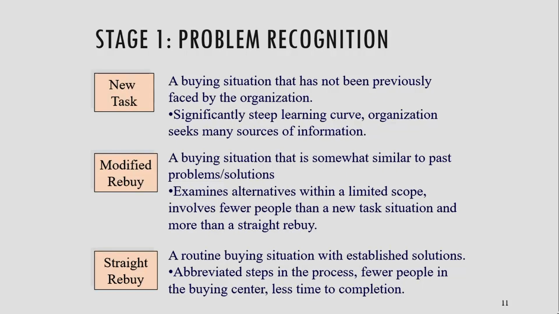Then we have modified rebuy. For example, a plant will have all kinds of motors, but from time to time the types of motors which are being sought for purchase may get upgraded, redefined, or modified because of technology changes or because of dissatisfaction with the existing vendor.